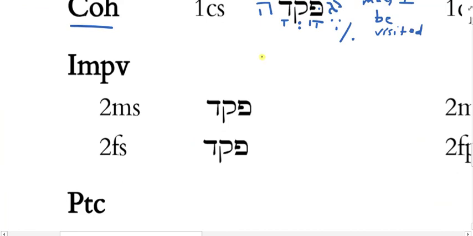We'll go to our imperative here. And if my 2MS basic Niphal imperative is hipakade, then the 2FS will be the same, hipakade, but with one minor change. What do I add to the 2FS on the back side? It's a hireq yod.